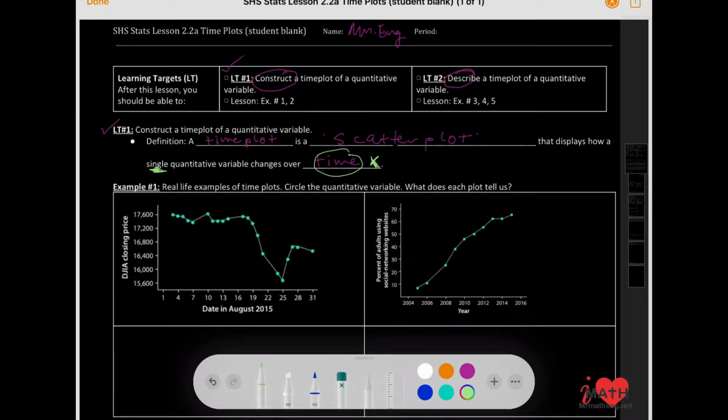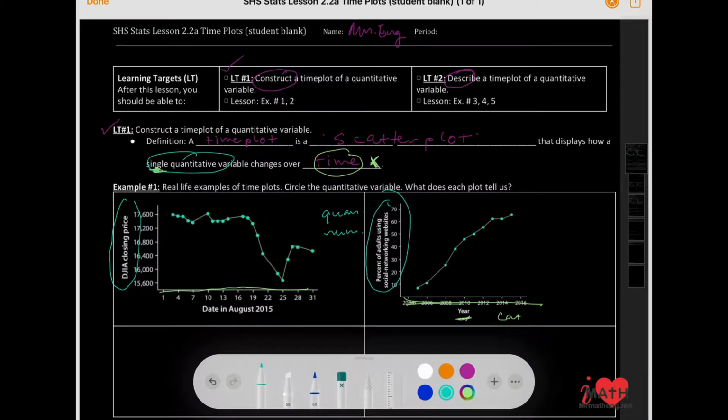The single quantitative variable is actually on this side. Remember, it doesn't make sense to take the average of years. So this would be kind of categorical, but the quantitative, numerical variable is over here on that side.